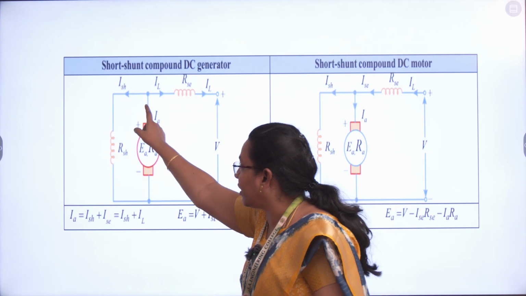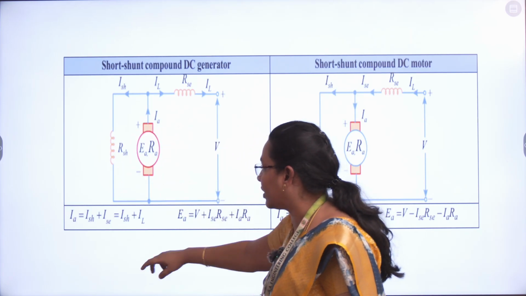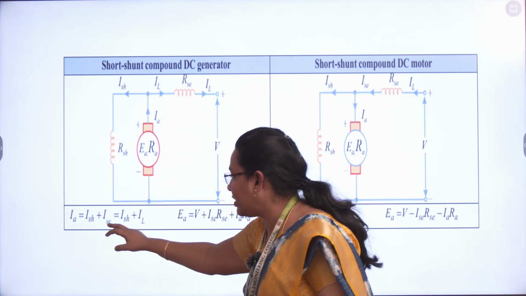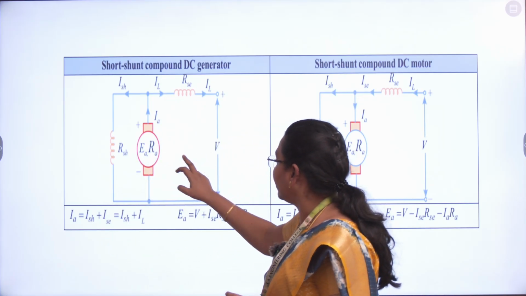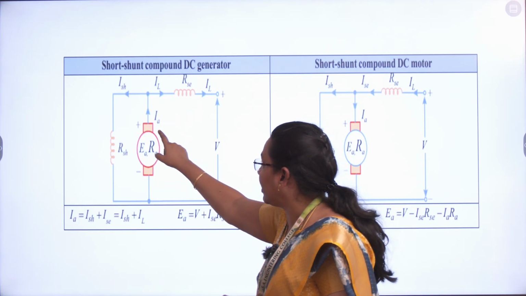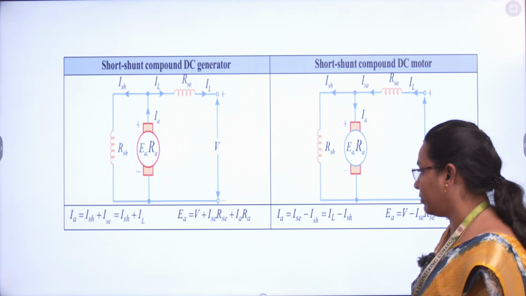ISH is the current flowing through the shunt winding, and ISC is the current flowing through the series winding. ISC equals IL, and IA and ISC are the same.